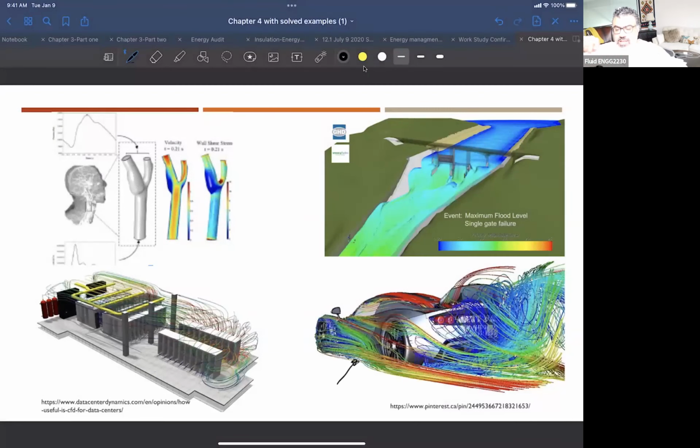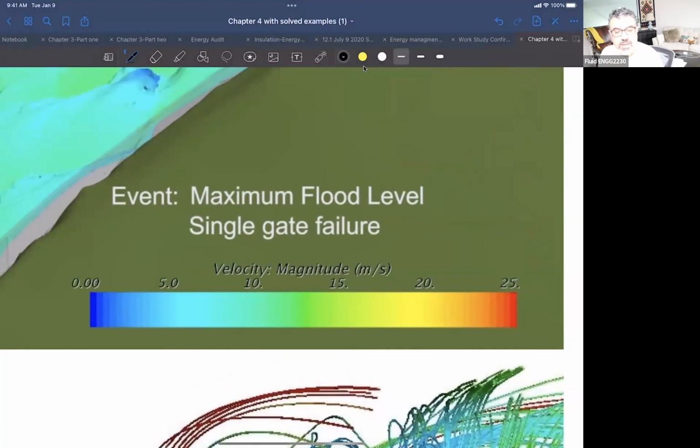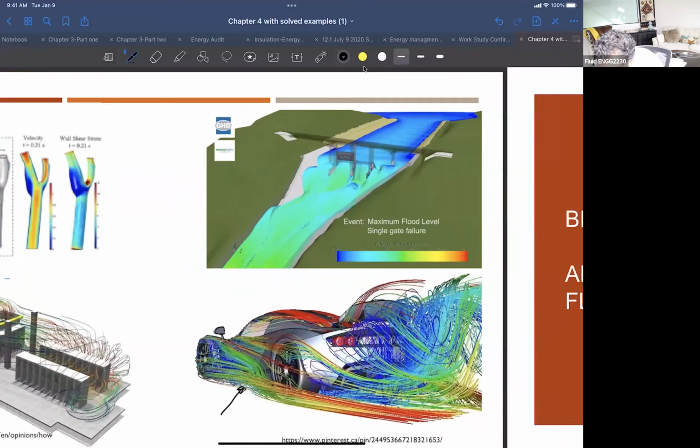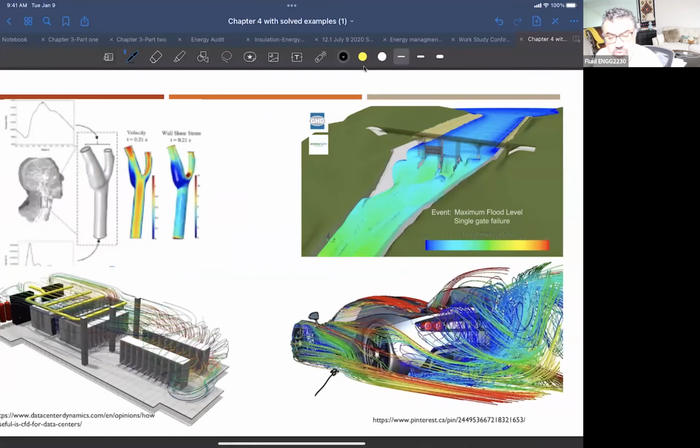It's a way of visualizing the flow, where the fluid velocities are. The colors here show the velocity magnitude: red is 25 meters per second, and the turquoise is like 5 meters per second. So color can give you the velocity magnitude, but also the direction, and the lines are there to visualize the flow.